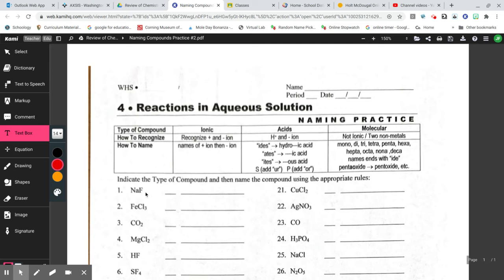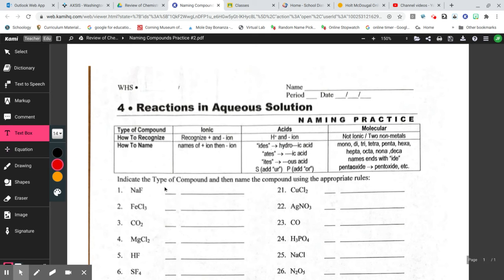So let's go on and work a few of these out together. The first thing you want to do is in this blank here, identify if it's ionic, molecular, or an acid, and just put A, M, or I. So we have NaF. This is ionic because sodium is a metal and fluoride is a nonmetal.